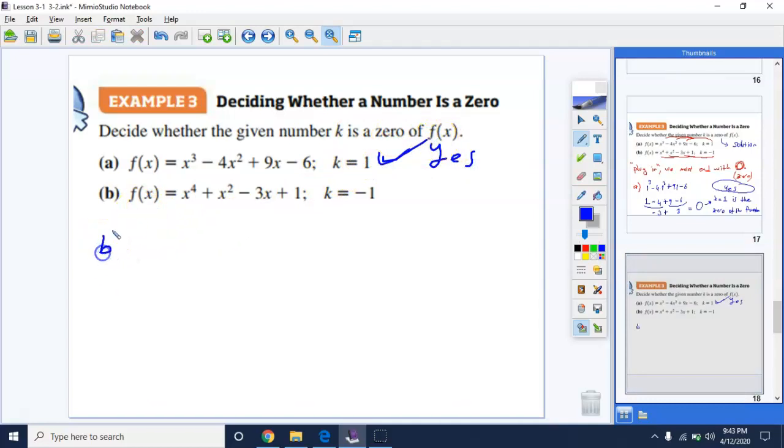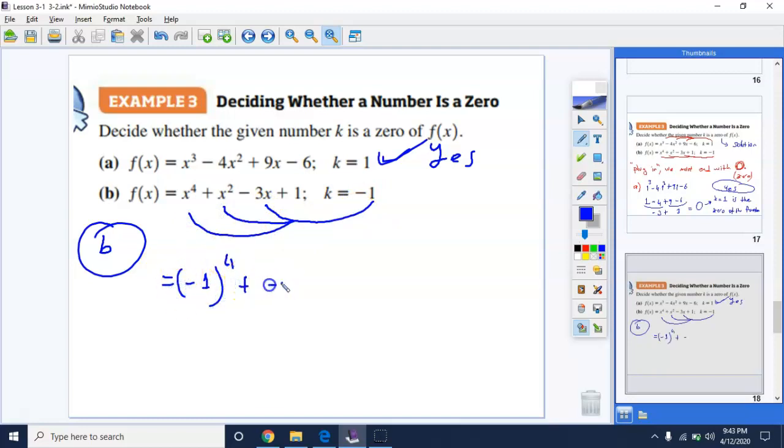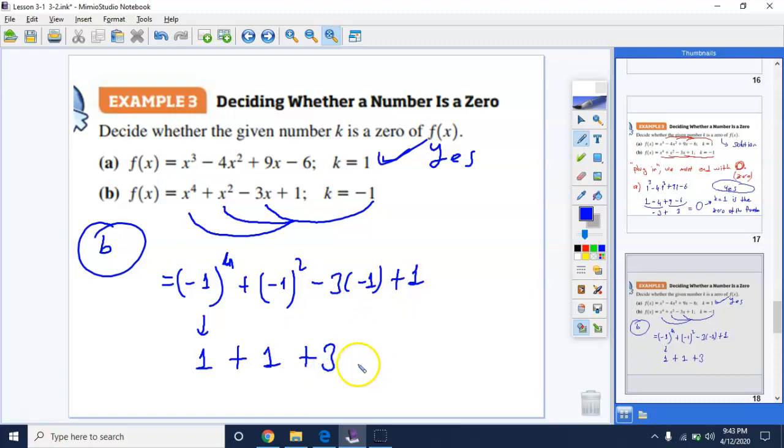Let's try B this time. All we do is plug in back there. Let's see what we got. Negative 1 to the 4th power, negative 1 squared. As you know, if we have an even exponent, the outcome should be positive. But if you don't want to get confused, you can just type this in decimal so you can see the answer clearly. But let me just do it anyway. This is 1, this is 1, two negatives make a positive, this is positive, and this is 1.